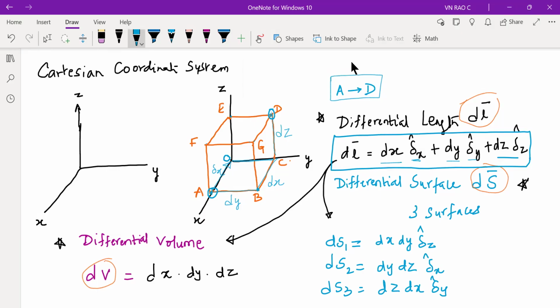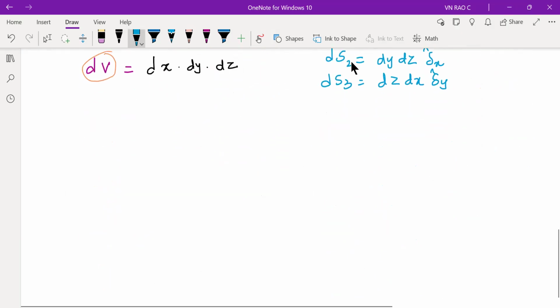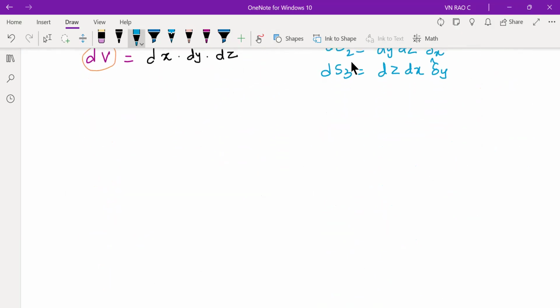But first, see the control volume. This particular box is known as the control volume, or we can say differential element. Now coming to the differential surface, suppose I have dl as dx delta x, that means x direction, dy delta y, that means y direction, dz delta z, z direction.